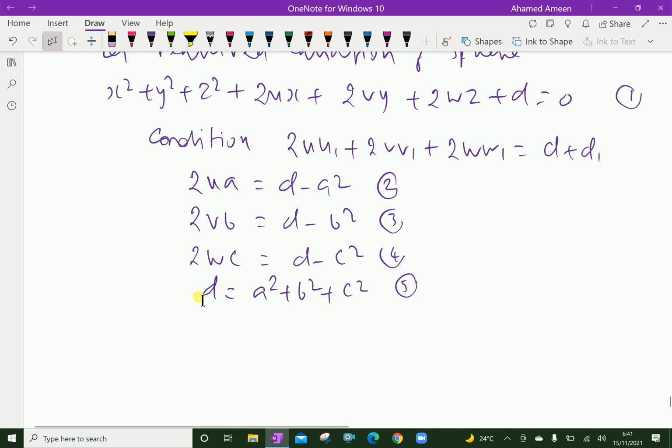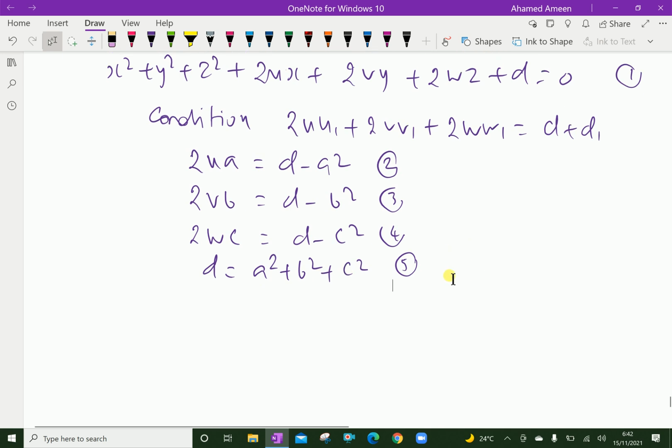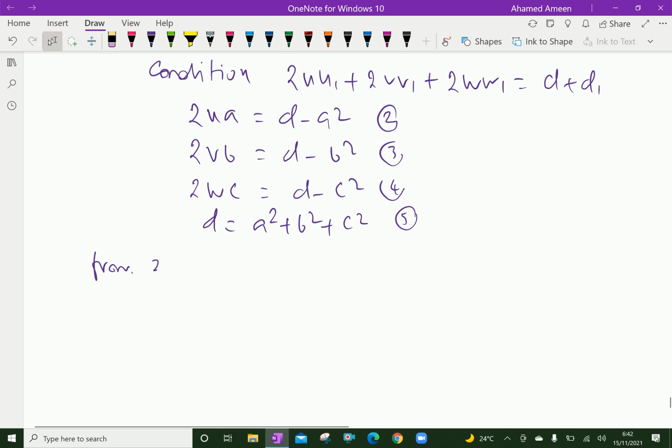Now from all these equations 2, 3, 4, 5, we get first 2ua equal to d minus a square, and d is a square plus b square plus c square from 5. So 2ua equal to a square plus b square plus c square minus a square.